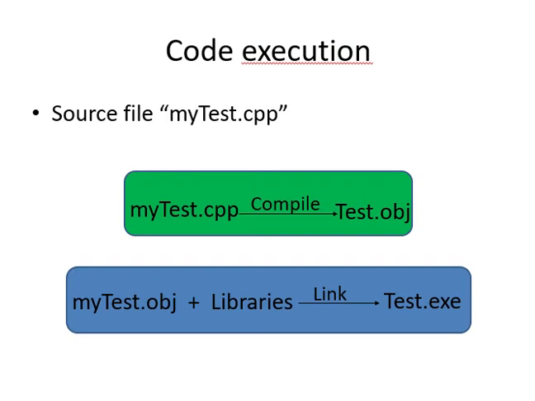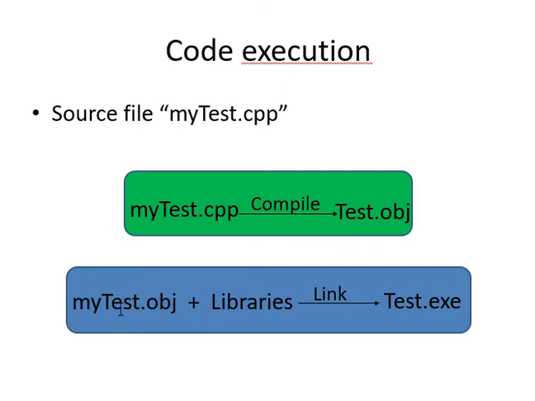Here is the code execution. We have to save our C++ file with a name, for example test. Dot cpp is the extension for any C++ program code. So here is your test file, which is compiled from test dot cpp to test dot object.